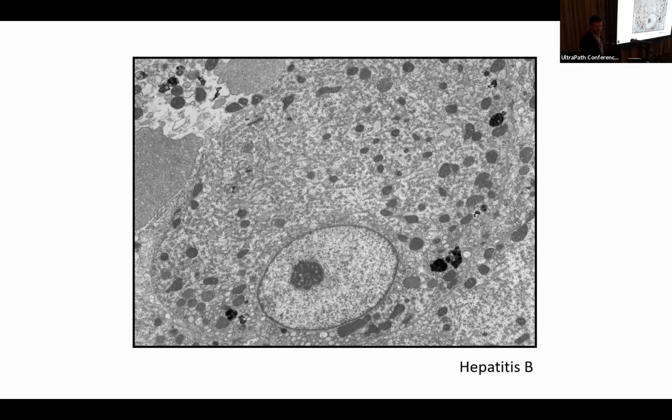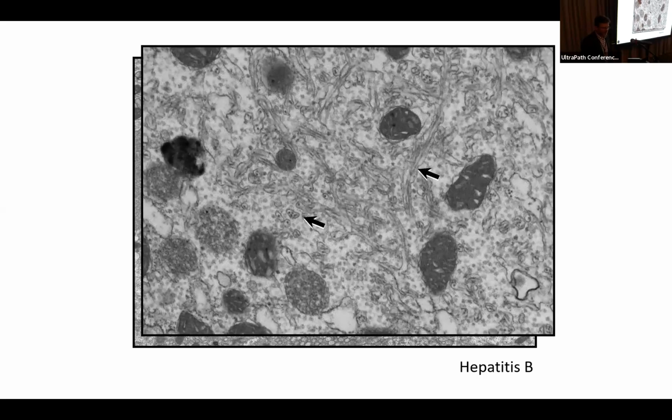Instead, the EM revealed that the hepatocytes exhibit a proliferation of the endoplasmic reticulum, and in that endoplasmic reticulum are the hepatitis B surface antigens. I've only seen this a few times, but I look for it all the time because I think it's really neat to be able to find. This is what gives those hepatocytes the ground glass appearance that you can see by light microscopy.